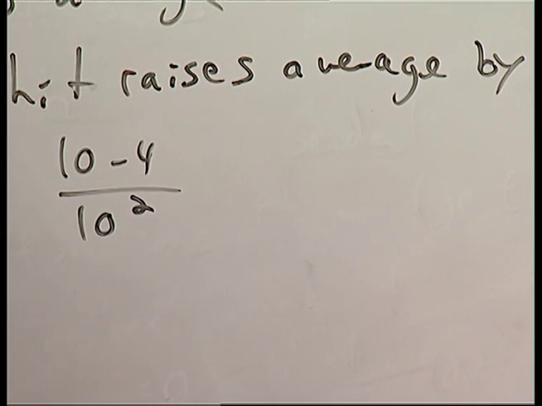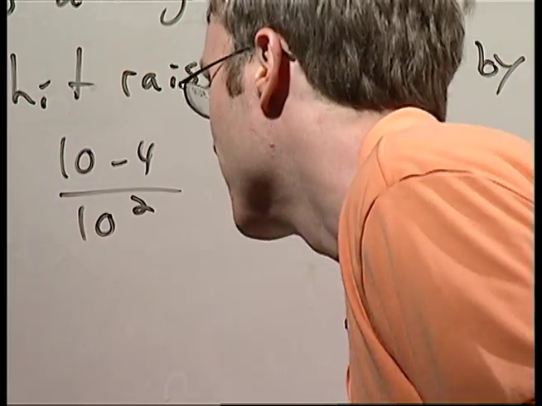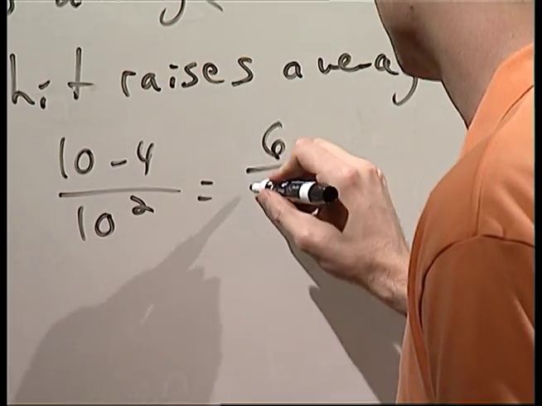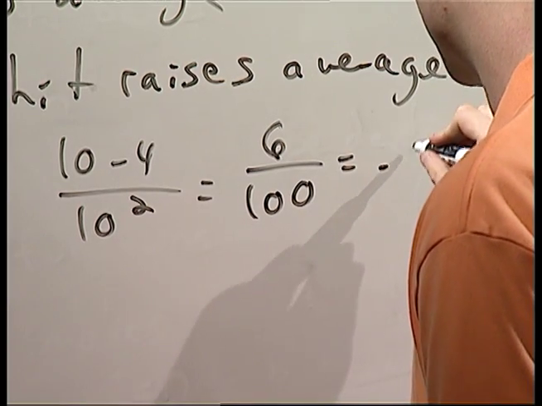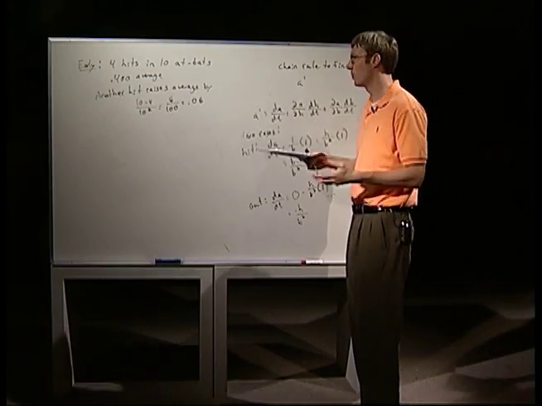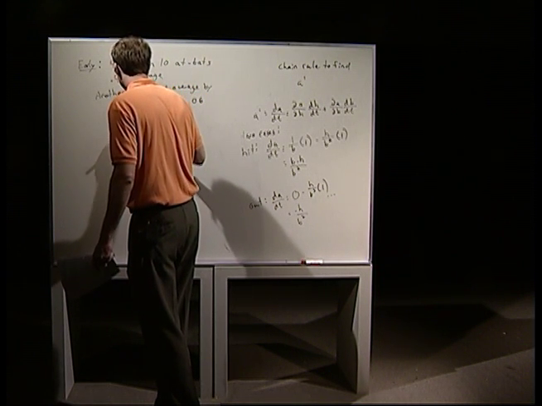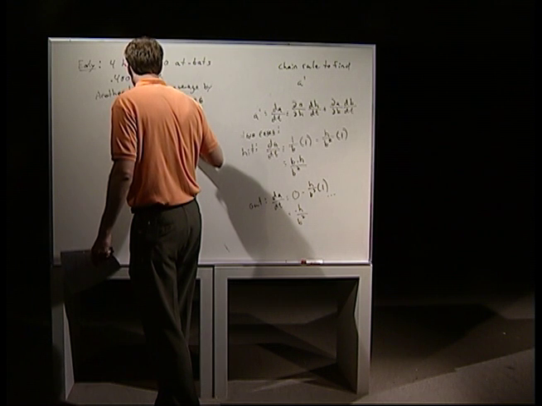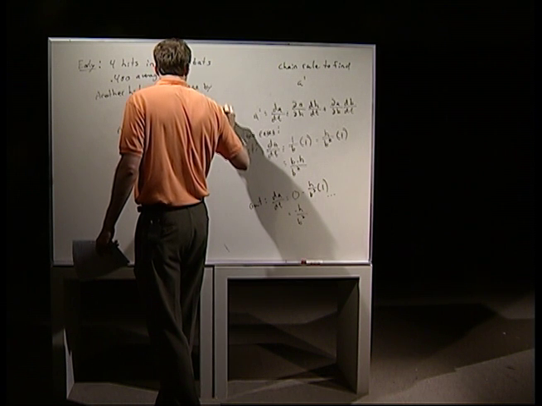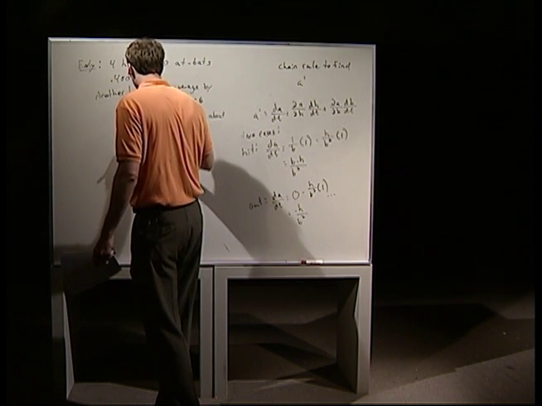So this will be 6 over 100, which is 0.06. So your next hit is going to raise your average by about 6 points.